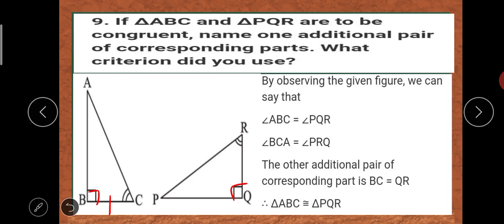Here, this is BC because here is one right angle and here angles are formed. In between, BC is equal to QR, because here Q also shows 90 degrees and here one angle is formed. So they are equal. That's why we can say triangle ABC is congruent to triangle PQR.